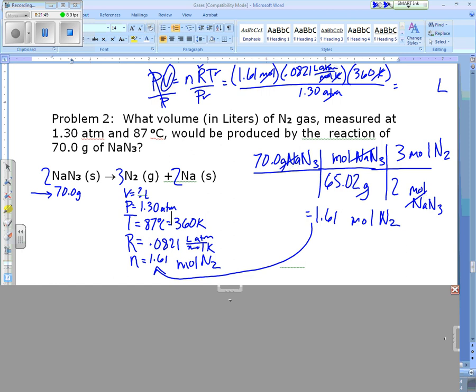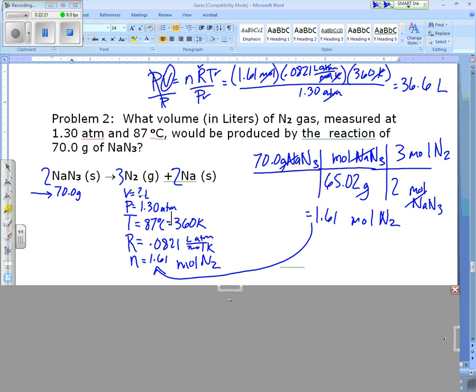How many sig figs in my answer? 3. All right, so 36.6. How do you feel about that? All right, again, I know it seemed like it took forever, but it's not.